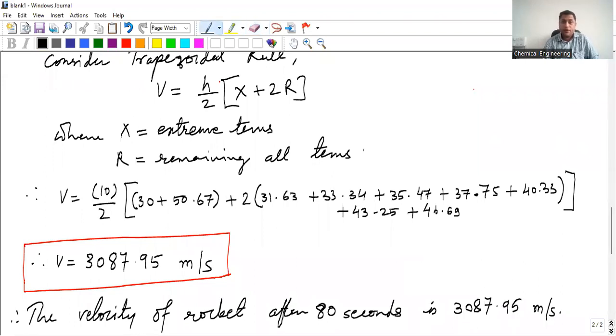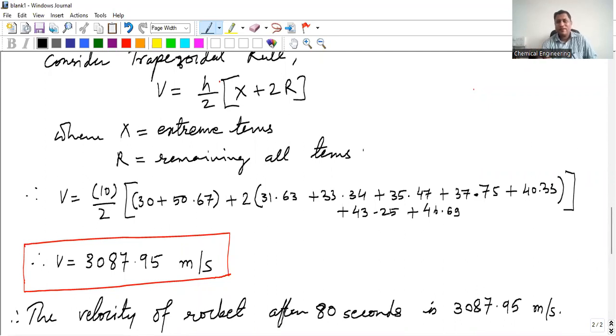So this way we are able to calculate the velocity of the rocket as we have recorded acceleration. Then, if we record the velocity at every point, we can find the distance covered by the rocket in 80 seconds.